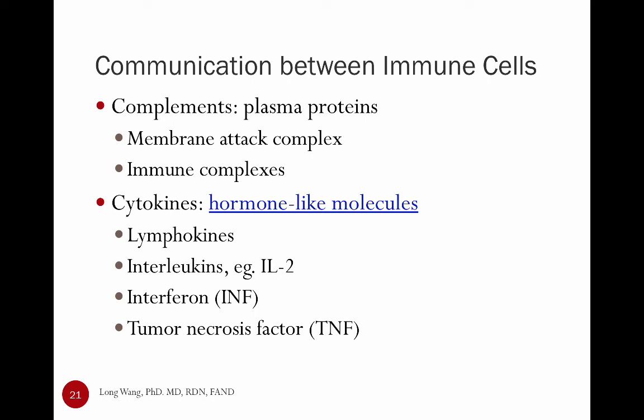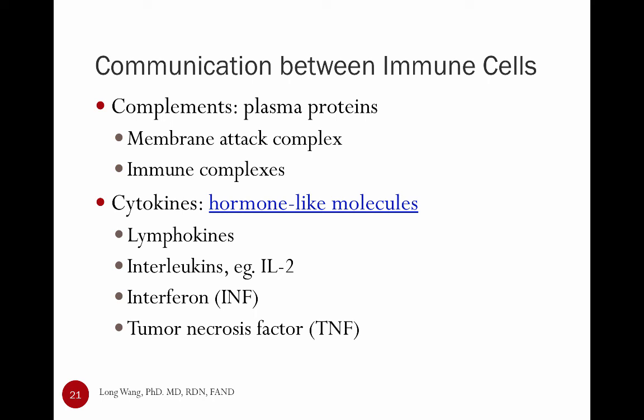The first one is complement. So complements are plasma proteins. So they actually are helpers to the antibodies. So we already know antibodies are proteins specifically produced to attack a particular antigen. Complements are helpers.